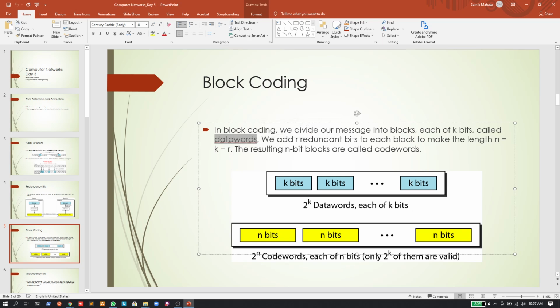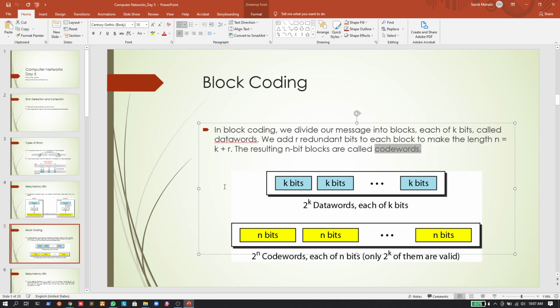After we add r redundant bits to the data words, the data words now become code words.